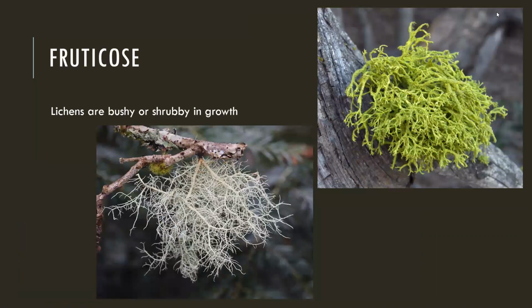Fruticose, if we turn this picture on the left upside down, you would think that lichen right there was a very branchy shrub. So fruticose lichens are lichens that look like a shrub or a branch in their growth pattern.